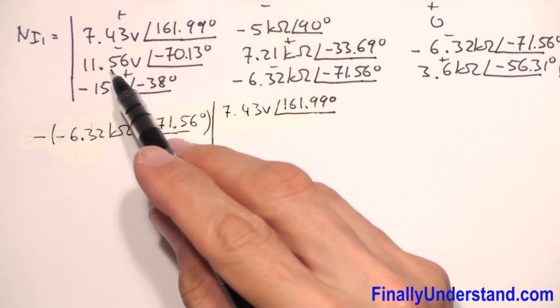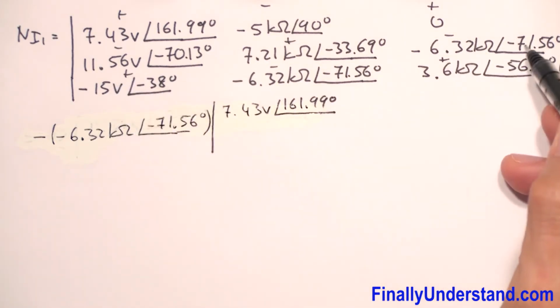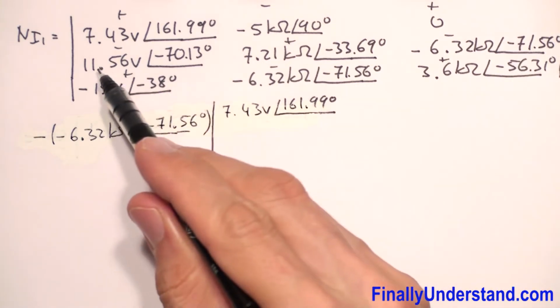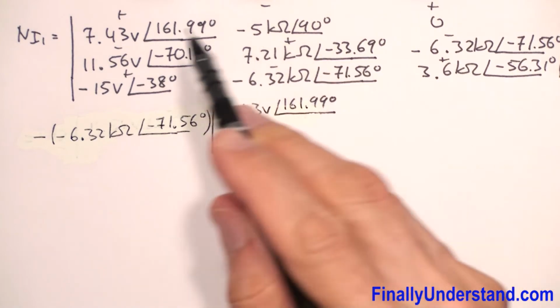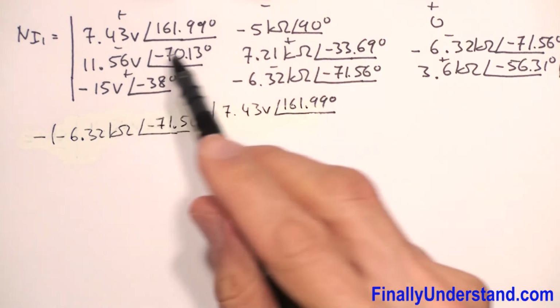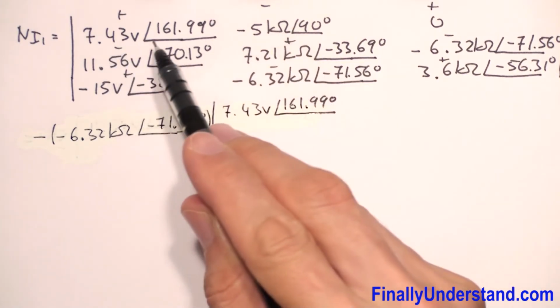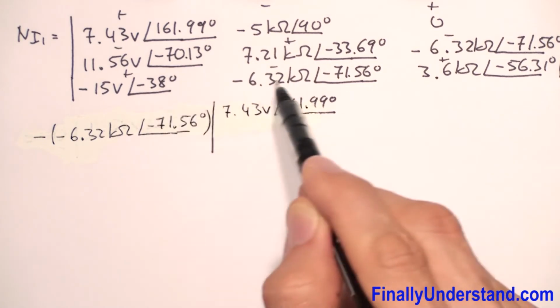And remember, because I'm using this number over here, I cannot use anything else from this row and this column, so I'm going to just write over here whatever is left. So I mean these two values and these two.